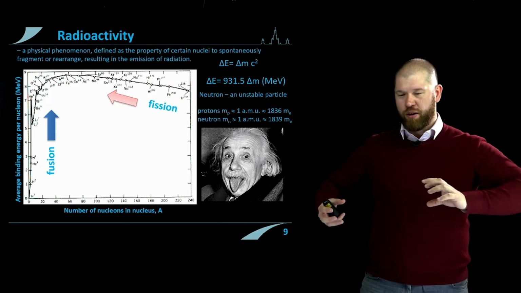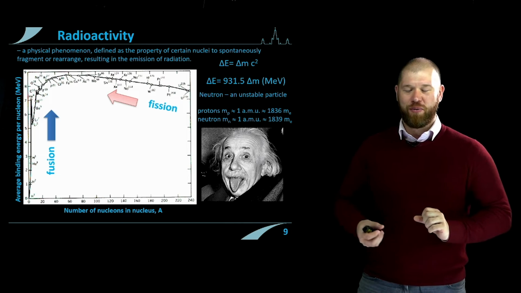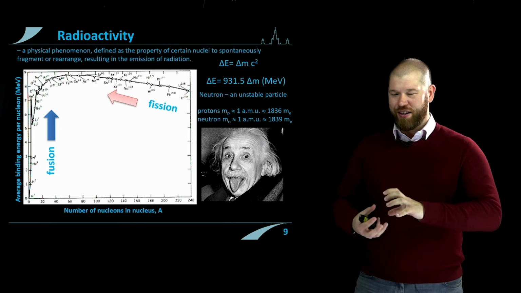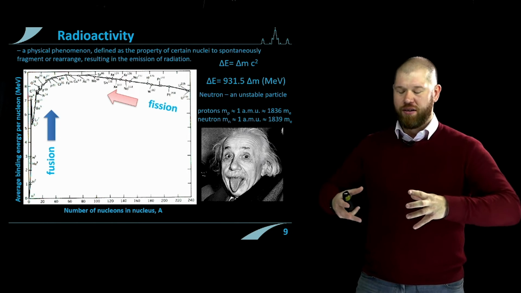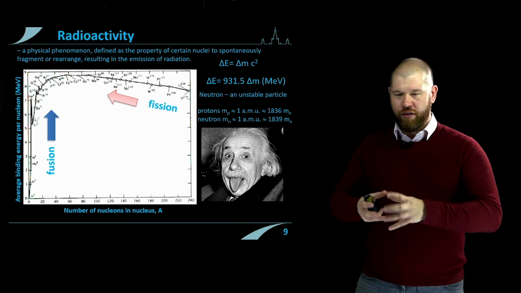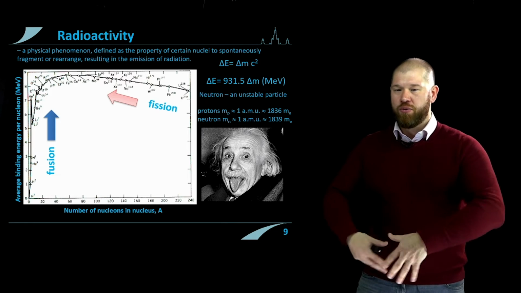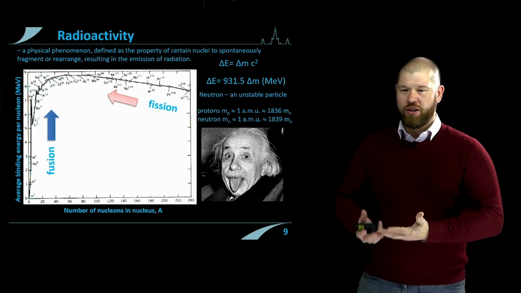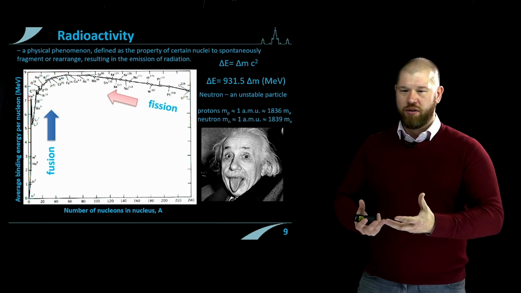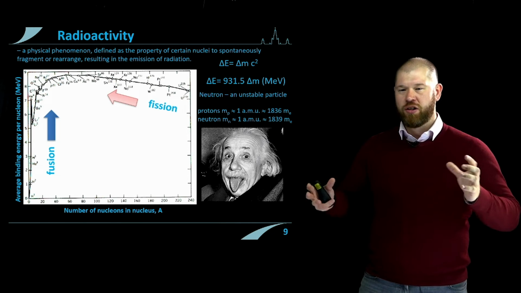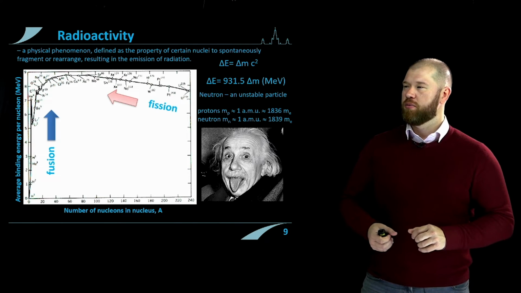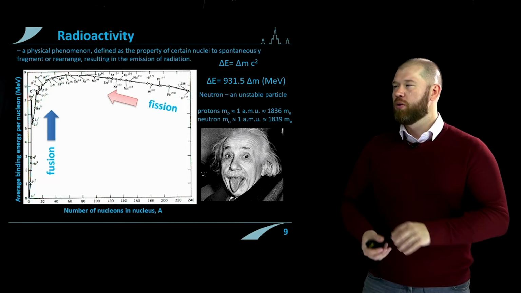But if we push them with very high energy, then they can interact with each other, producing very large energy that is much larger than the energy that we put into them.